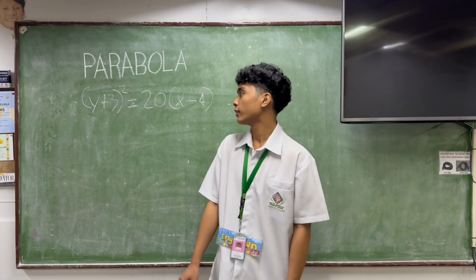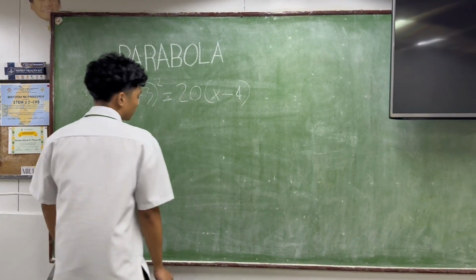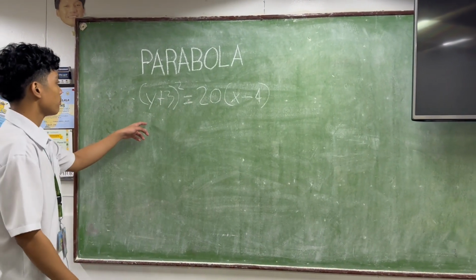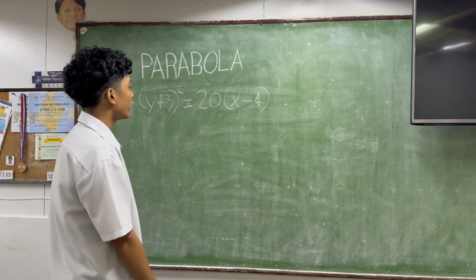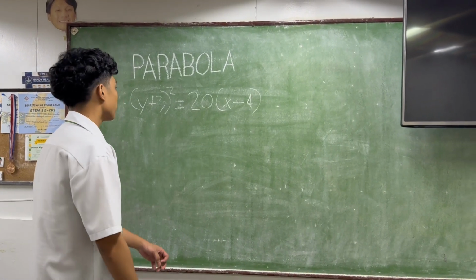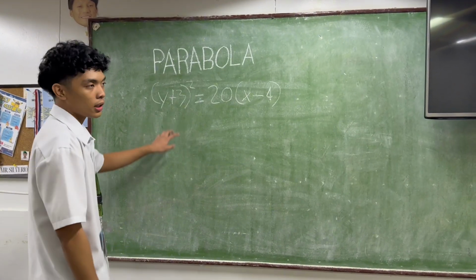Let's learn how to turn a standard equation into general form. The equation given is (y plus 3) squared equals 20 times (x minus 4). On the first term, we can expand, we can square the binomial.